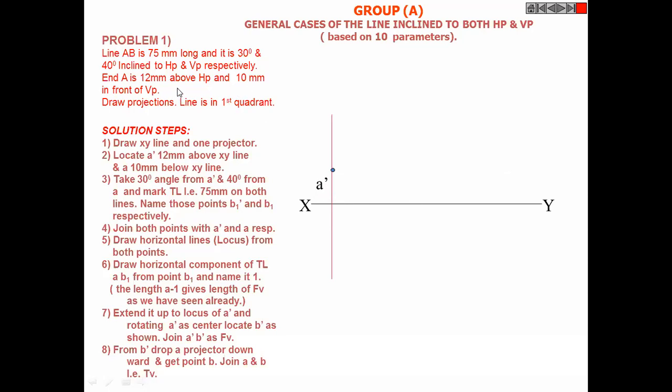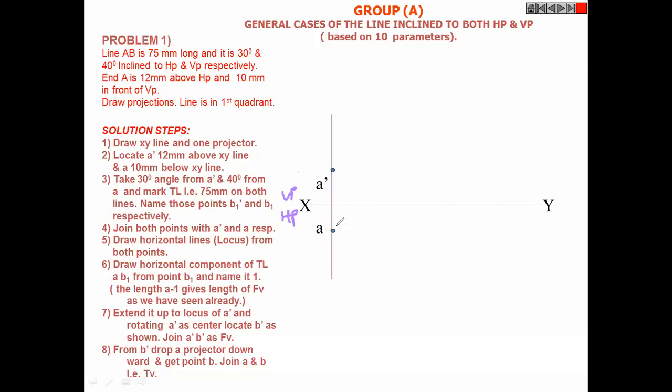Same way, it is 10 mm in front of VP, so 10 mm here we will get that A. So this is 12 mm, this is 10, this is VP, this is HP. It is a very nice habit to write this XY. After that you also write VP here and HP here.